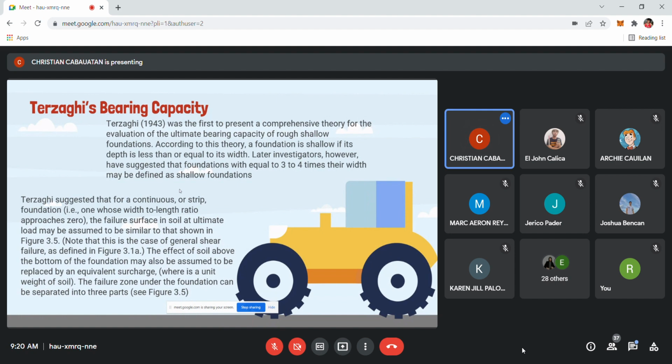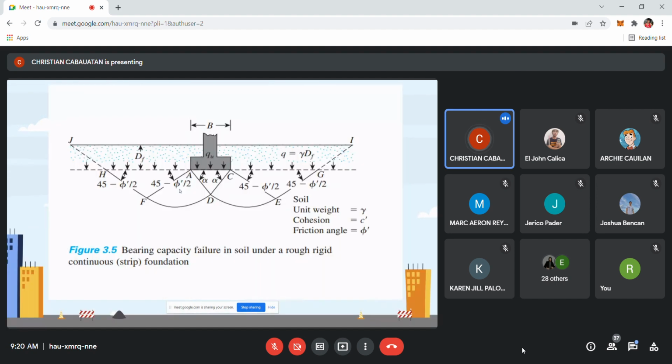Okay. Next one. You observe this one. It is the bearing capacity failure in soil under a rough, rigid, continuous, or strip foundation. Okay. So the width of the footing is denoted as B. The load is the ultimate bearing capacity. The Df is the depth of our footing.